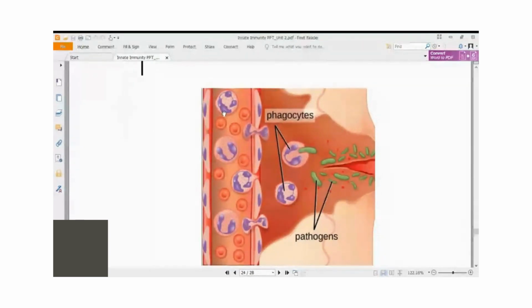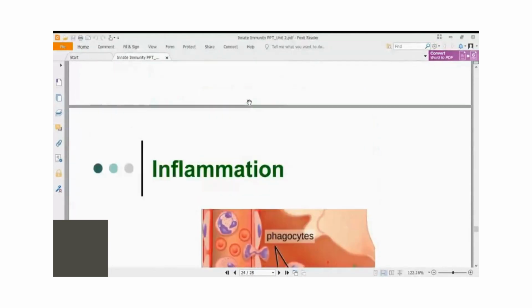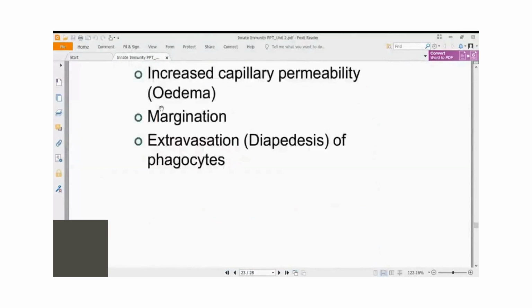They do not attach to the wall of the blood vessel. They are free moving cells. But only during the process of inflammation, they come and attach to the wall of the blood vessel. And that process is called margination. Margination is a process where neutrophils will come and attach to the wall of the blood vessel from inside.